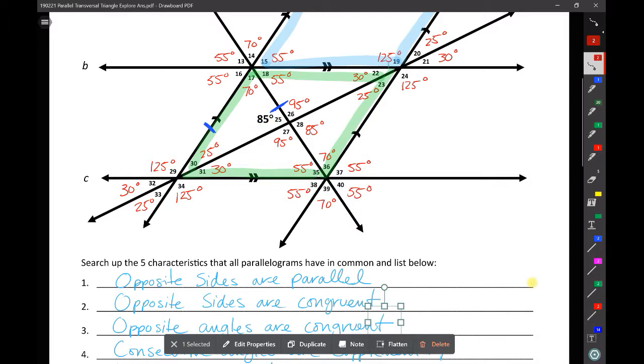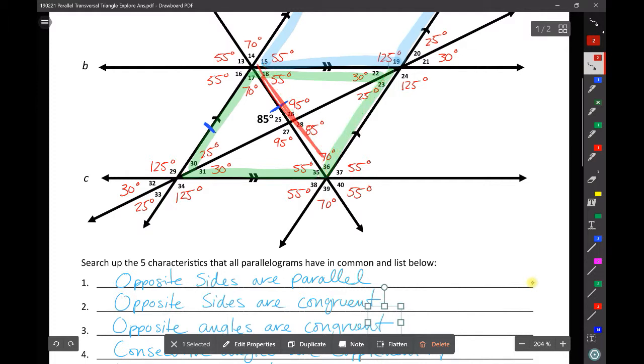But I want you to notice something else. Take a look at this triangle right here. In this triangle, we've got a 55 degree angle, a 55 degree angle, and a 70 degree angle, which means this also is an isosceles triangle. And since this one side is opposite a 55 degree angle, and this is the other side that's opposite the 55 degree angle, we now know that in this isosceles triangle, this side must be congruent to this side.